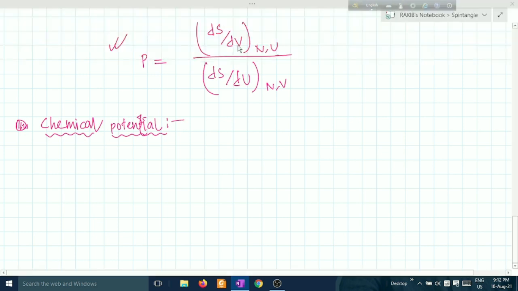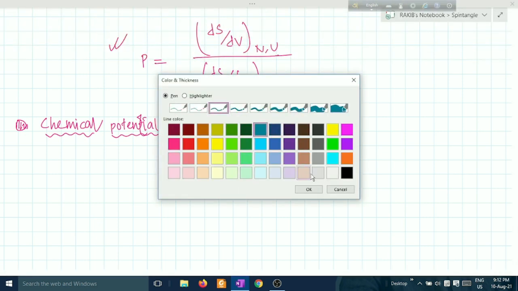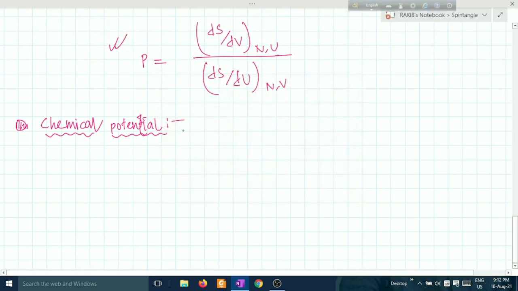What is chemical potential here? We have our formula that TdS equals dU plus PdV minus mu dN. When you are finding chemical potential, I am following a systematic procedure.